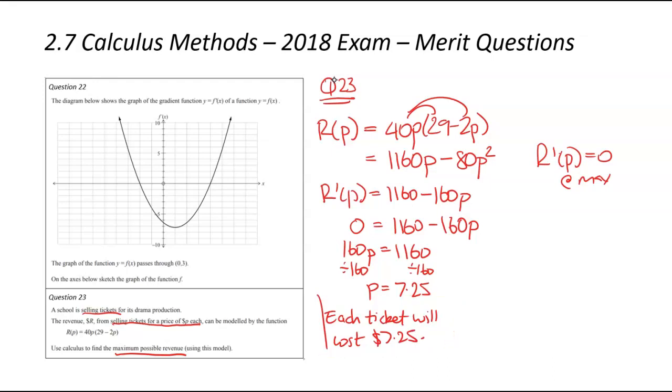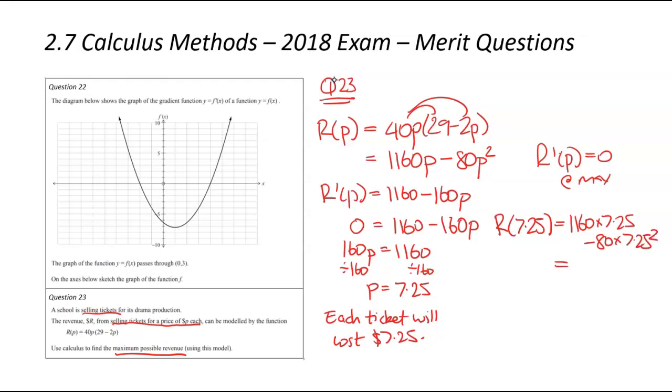A lot of people are going to stop there, thinking they've got their merit mark. While you displayed some really good maths, you didn't actually answer the question. We've been asked about the maximum revenue, and the revenue is the R part of our equation. So we substitute that value into our revenue equation: the revenue if we sold them for $7.25 each is 1160 times 7.25 minus 80 times 7.25 squared.